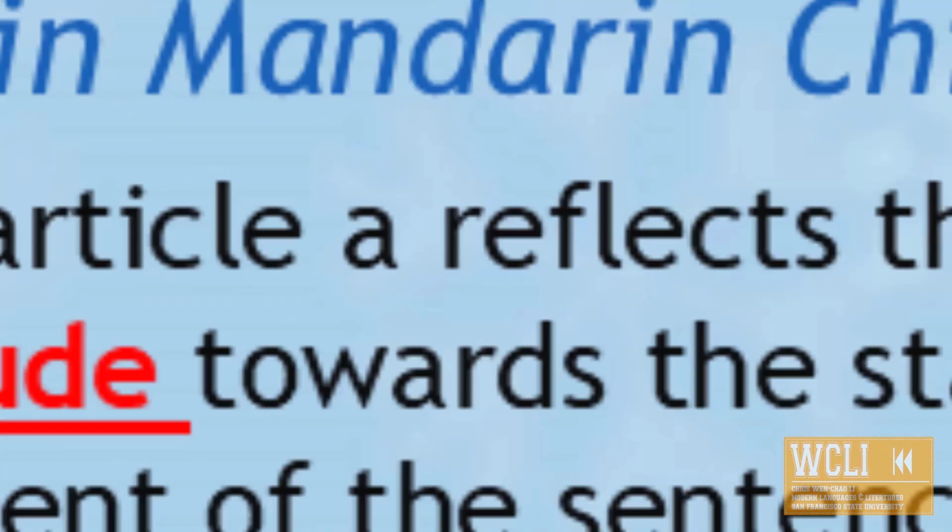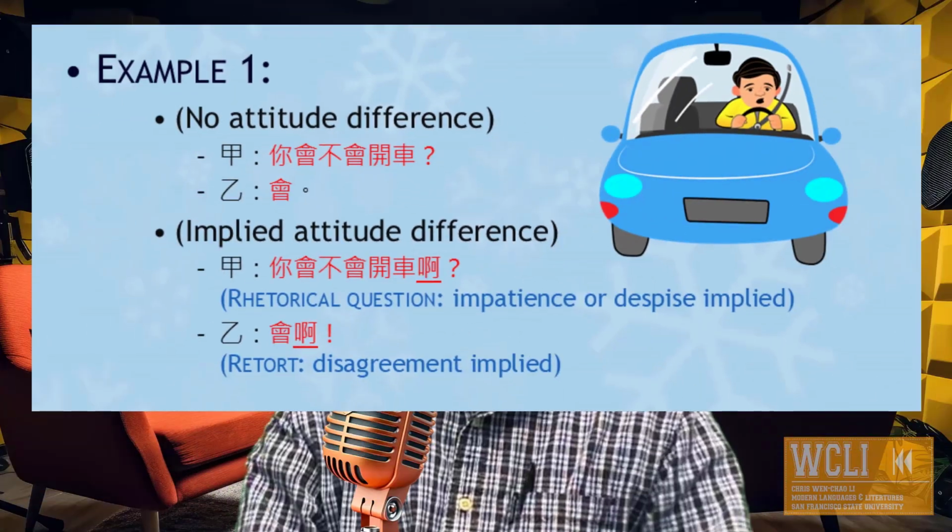That is to say, again, if you imagine two people talking and I utter a sentence, but I believe that the listener, the person I'm speaking with, has a different view of this issue than expressed in my sentence, then that is when I add an 啊 to the end of a sentence. So 啊 indicates a difference in attitude towards the topic between the speaker and the addressee.